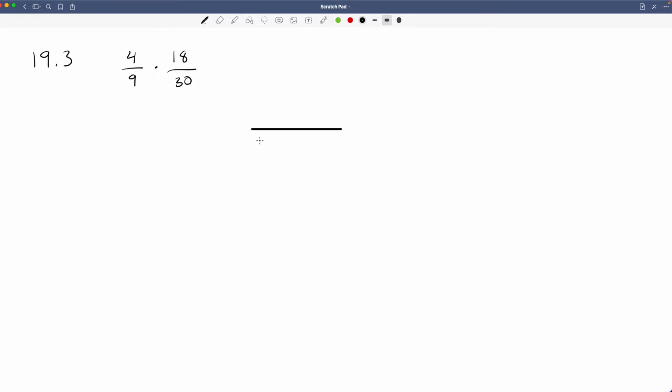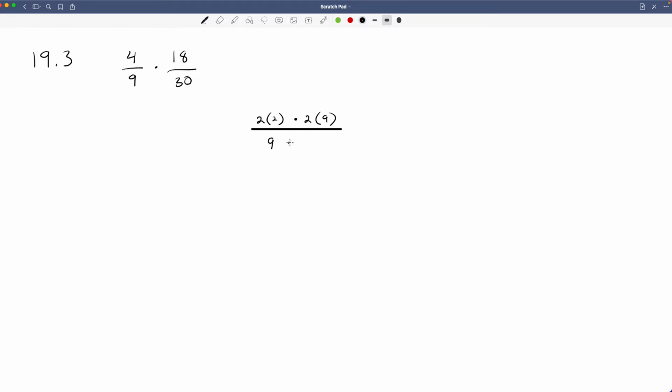So 4 would become 2 times 2, and that's being multiplied against 18, and 18 is 2 times 9. Now on the bottom we have 9, so I already see that common factor right here, so I'm just going to leave it the way it is because I know I can cancel those out.